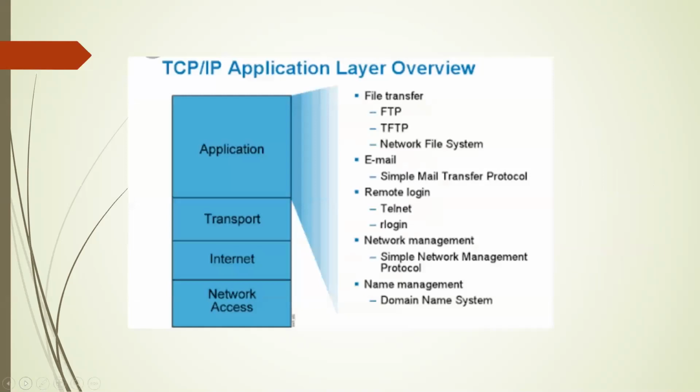Now let us start the TCP/IP application layer overview. Network access layer, network layer, name management and domain name system, internet, network management, simple network management protocol, transport, remote login, Telnet, rlogin.